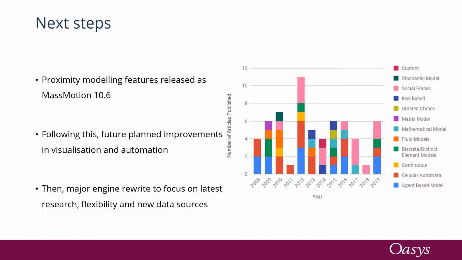And then the ability to take fly-through camera paths, so to be able to have more compelling communication, and also to bring in additional ways in which we can automate and script things in a really easy way, kind of bringing some of the MassMotion software development kit within the core software.